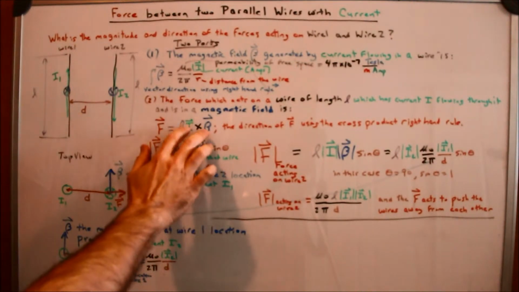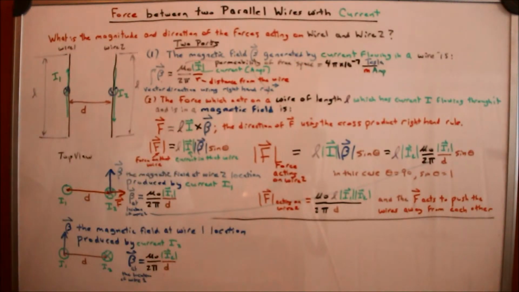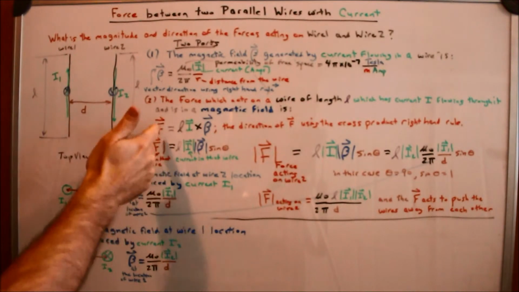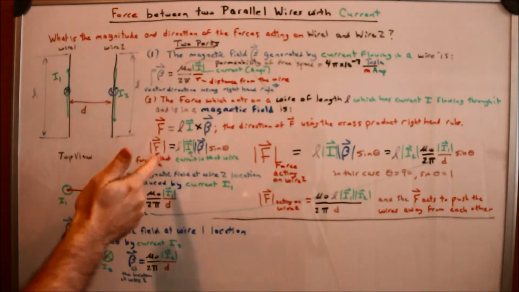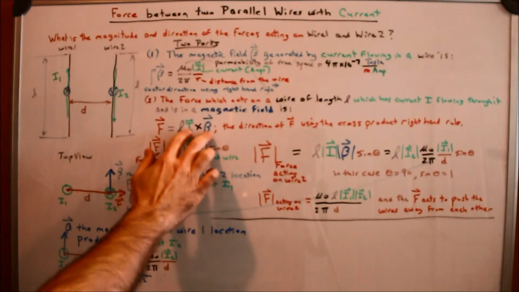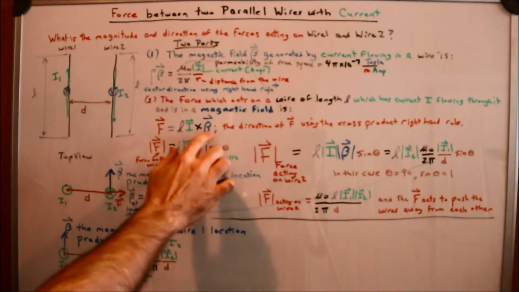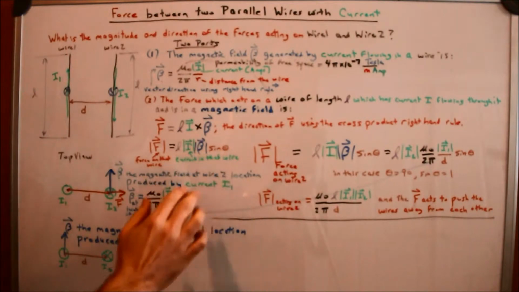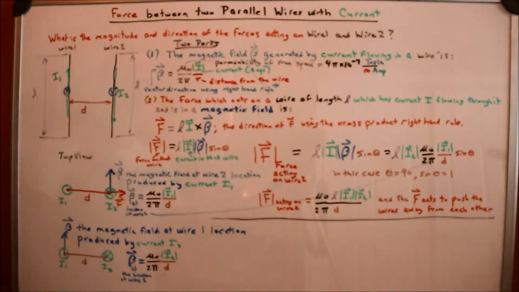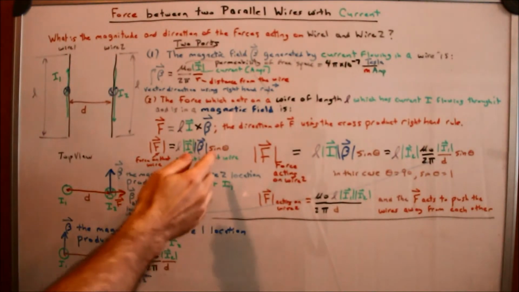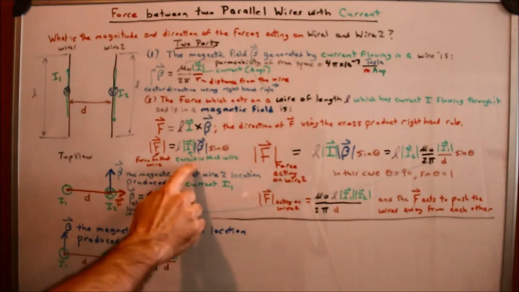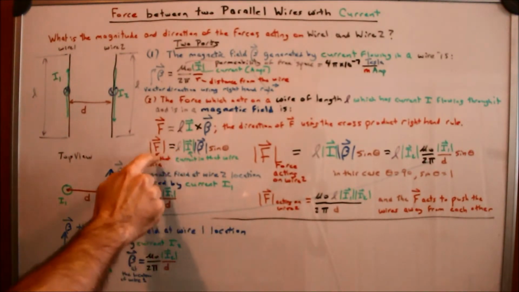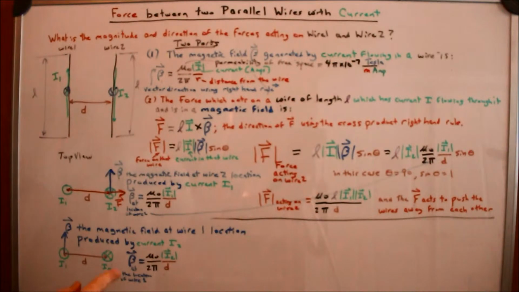So we know the current and the magnetic field have to be perpendicular to each other to get any force, which is generated in a plane perpendicular to both of those. And this cross product means the magnitudes times the sine of the included angle on the plane, the smallest included angle between them. And this is the current in that wire. This is the force acting on that wire.